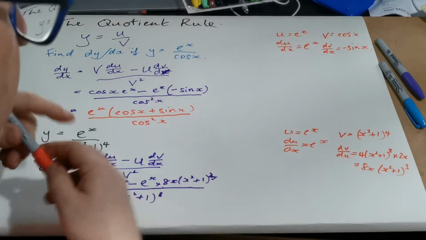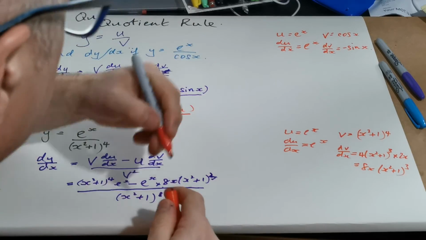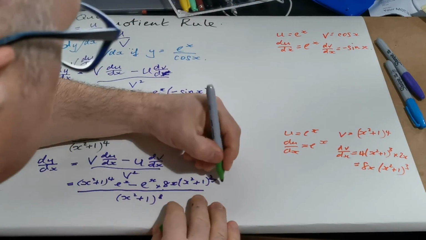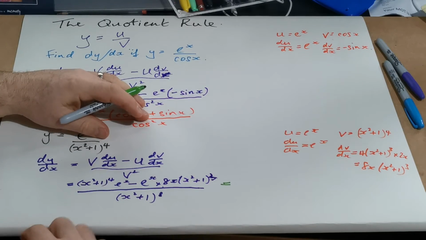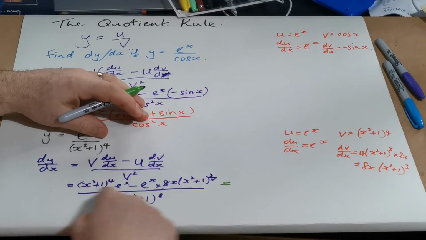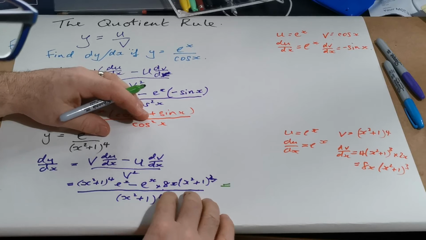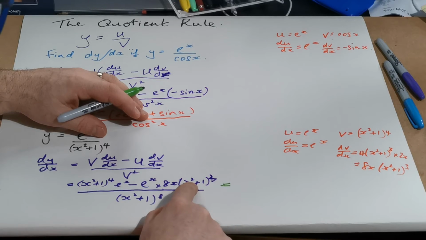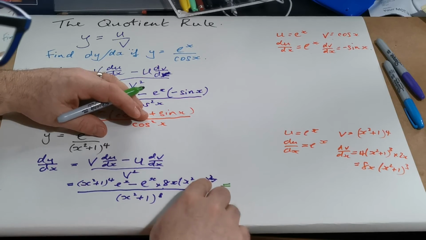Now, one of the reasons I put this in was that I felt it would really help us think about cancelling stuff out. So we can tidy this up on the top here. I can see I've got a common factor of e to the x and also x squared plus 1 cubed.